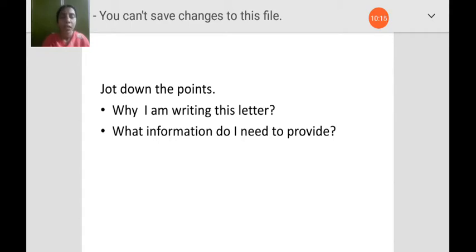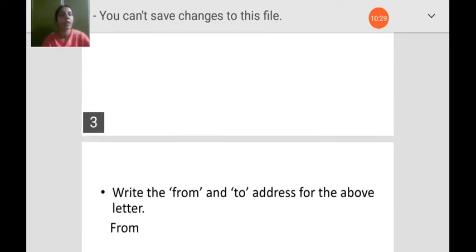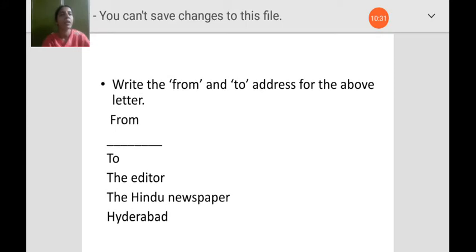So once you have jotted down the points, once you try to understand what the letter is for, then you can start writing the letter. Now from this slide we are starting to write a letter bit by bit, not as a whole, because if you write as a whole it is not convenient for you and for me also.